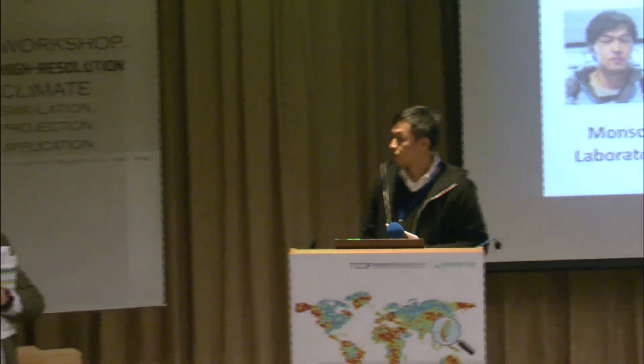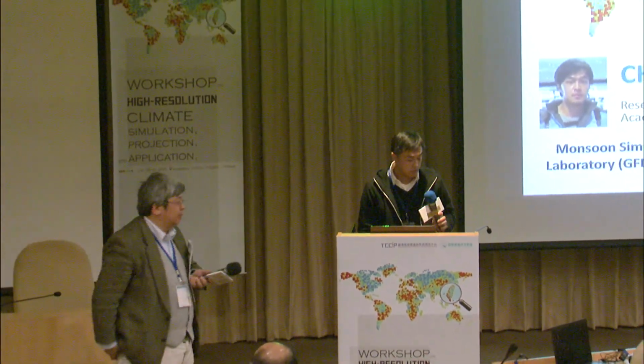Okay, any questions for Dr. Wu? The previous study has shown that the onset of the summer monsoon is related to the intraseasonal oscillation. So did you evaluate the intraseasonal oscillation in this model?